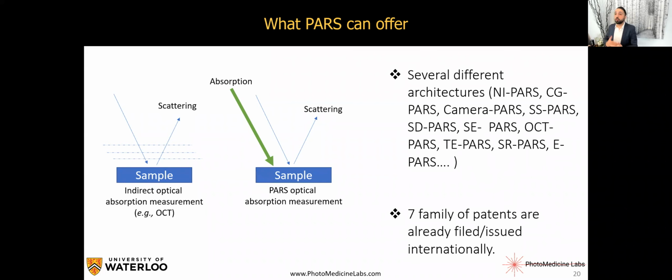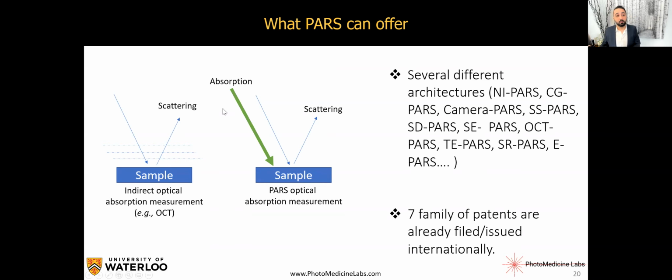So it's not a direct measurement of optical absorption for us to do functional imaging, to do SO2 oxygenation, all those things. In photoacoustic, we have a luxury, or let me correct myself, in PARS microscopy, we have the luxury of having both types of measurement.